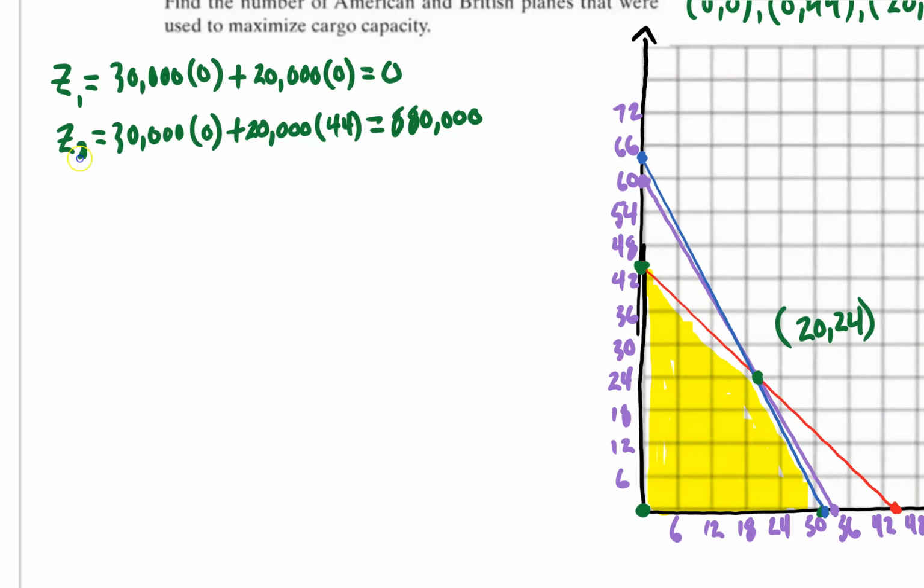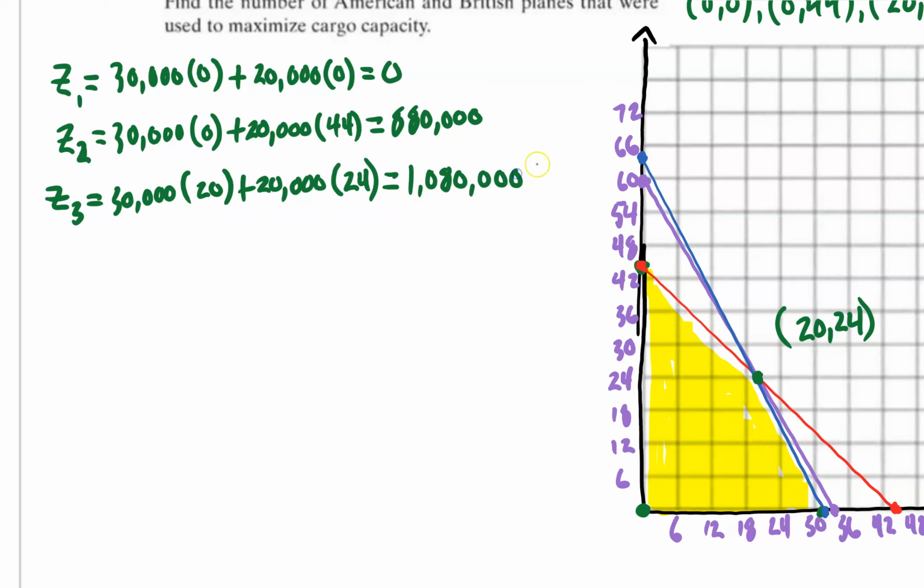Then Z3, that's going to be 30,000 times 20 plus 20,000 times 24. That one is going to give you 1,080,000.